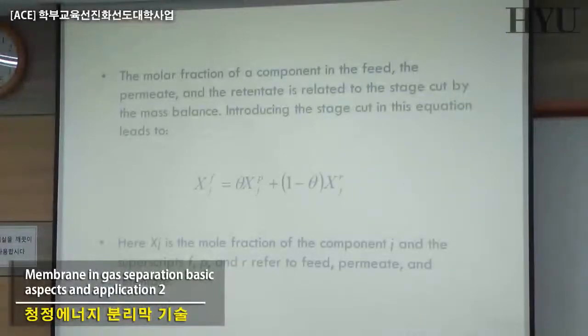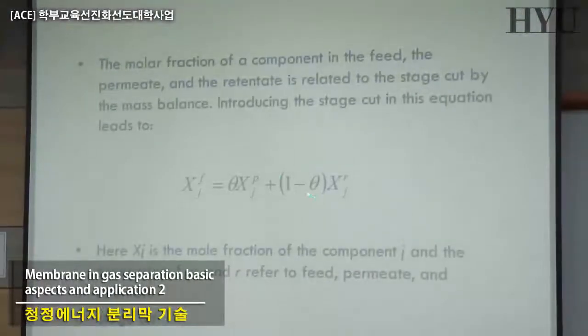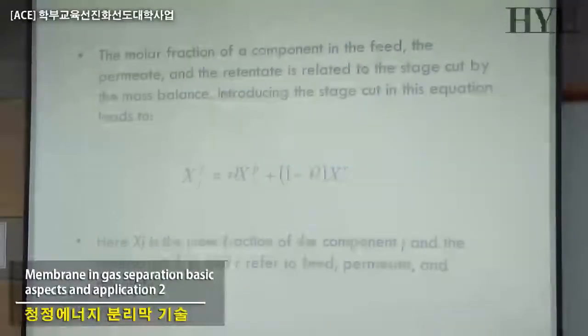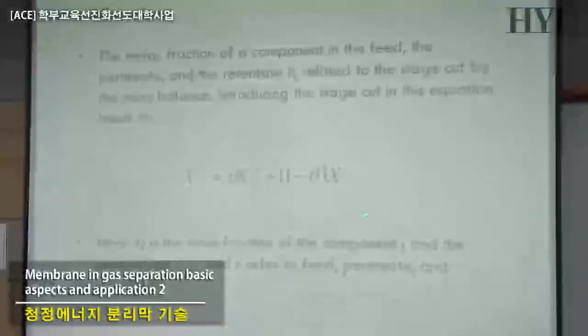And the stage cut is related to the molar fraction, remember, through the mass balance. So if you want to make the calculation that I was showing before, you have to have the molar fraction of your component in the feed and in the permeate, multiplied by the value of the stage cut. That is the mass balance.